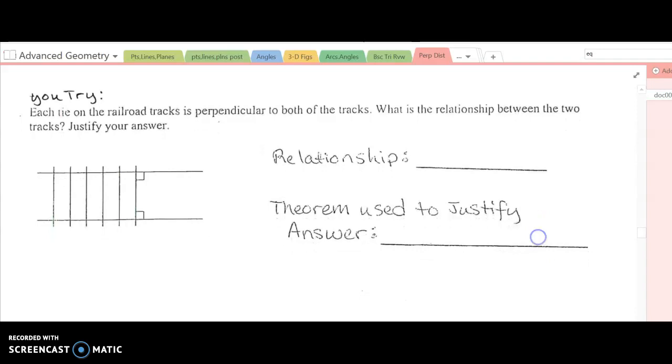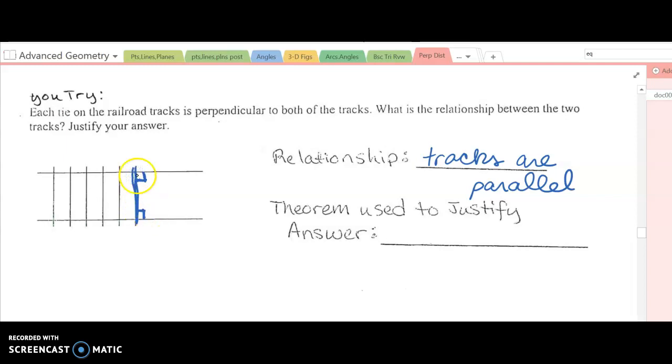Okay, so in our U-try here, we have each tie on the railroad track is perpendicular to both of the tracks. So what is the relationship between the two tracks? Well, the relationship is the tracks are parallel. And the way that we know that is because both of the tracks are perpendicular to the same line.